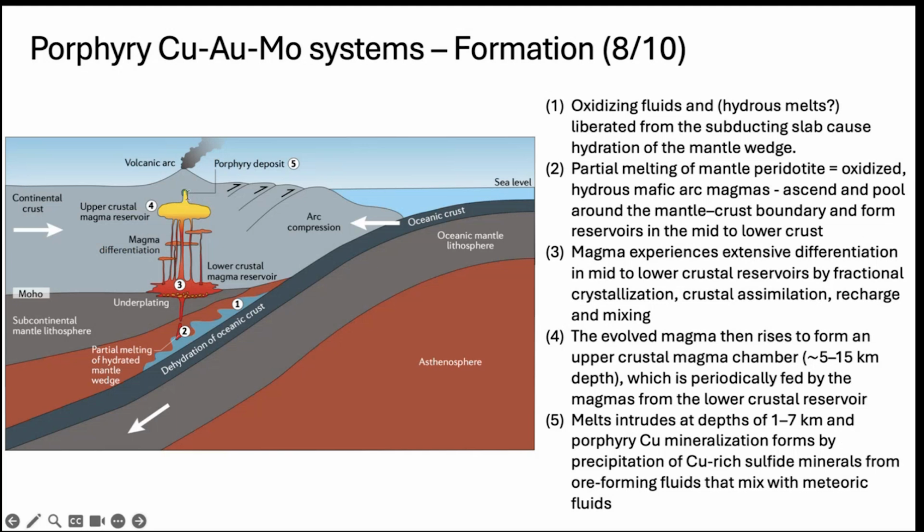Another joker in this deck is the fact that we have VMS deposits forming at mid-ocean ridges, and they get subducted. So you could have VMSs going down and getting remobilized where there's dehydration of the oceanic crust. Because one of the questions is, where's all the copper coming from? It's either coming from the overriding plate, like in the lithosphere, or from the subducting plate.